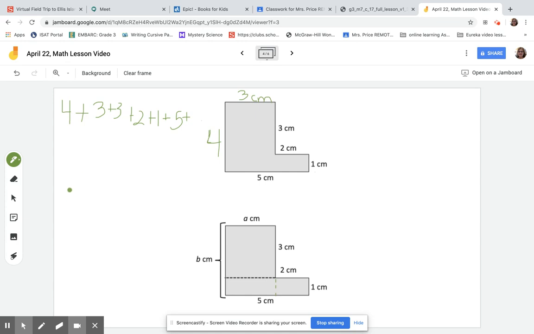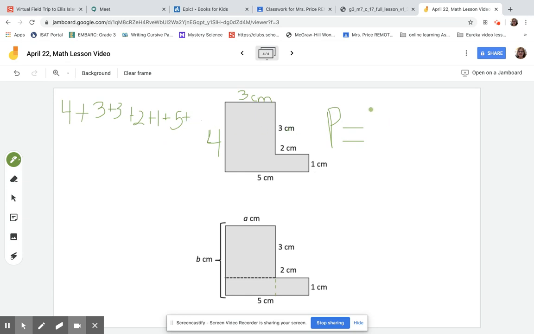So now we need to find what perimeter equals for this, right? Okay, so 4 plus 3 is 7, plus 3 more is 10, plus 2 is 12, plus 1 is 13, and 13 plus 5 is 18, right?